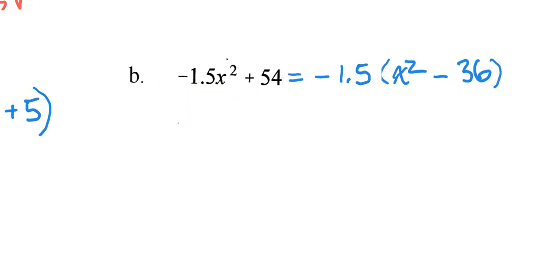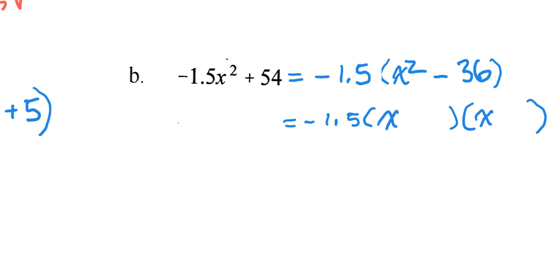So I just cleaned up the rest of the left side of my equation, so now we're just going to focus on this last bit. Okay? So now we've got minus 1.5 again. We still have our bracket, but we're going to end up with two brackets because this is a difference of squares. So I'm going to have x and x.